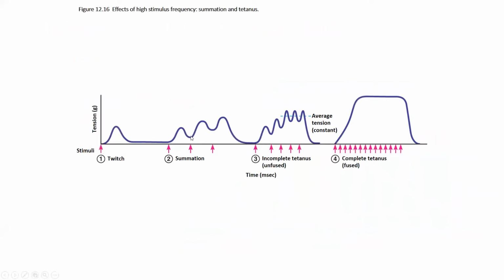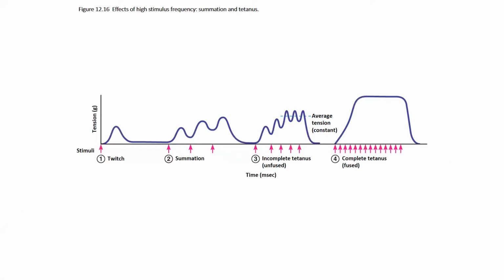And so the next time we stimulate it, we ride on the previous tension. So we just increase from the previous tension and successively generate more force each time until we completely max out this muscle, which is called complete tetanus or fused tetanus.